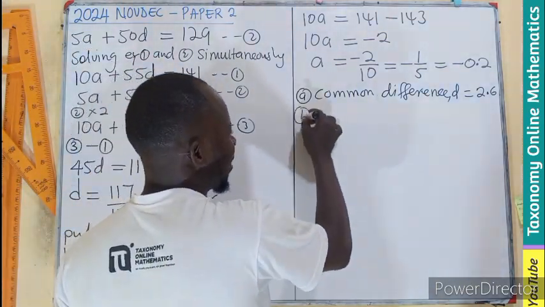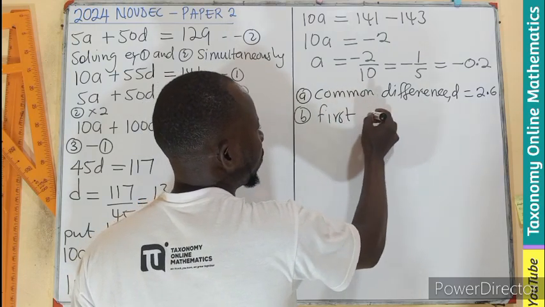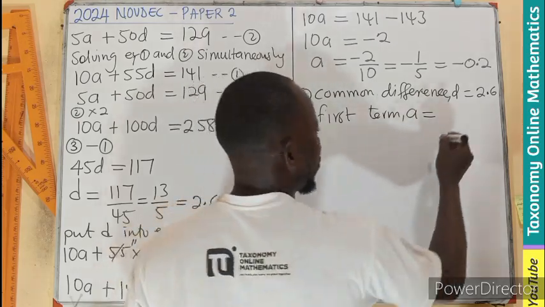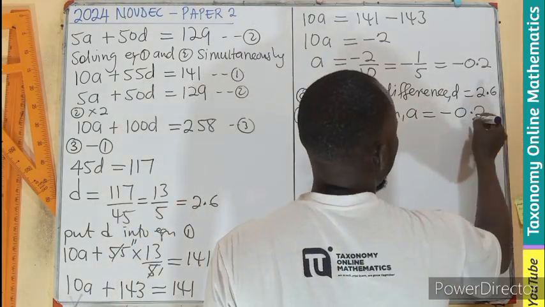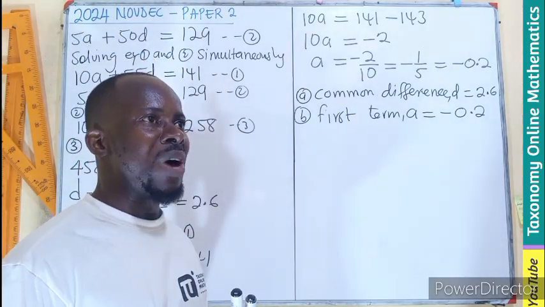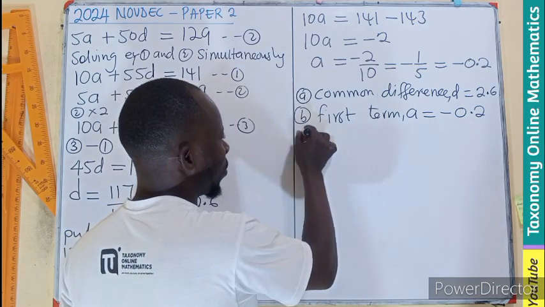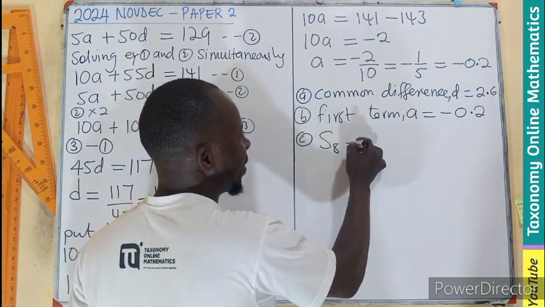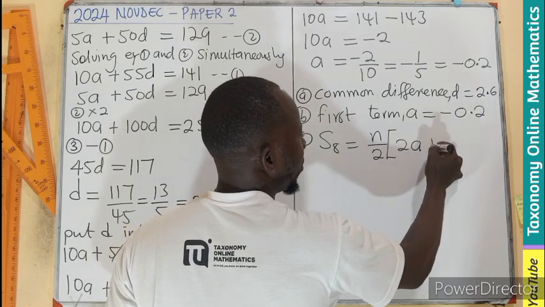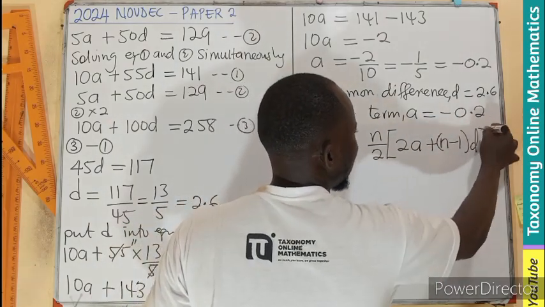Then B is asking for first term, which is A, and the first term is going to be negative 0.2. Now the third one, we are asked to find the sum of the first 8 terms, and we know sum of the first 8 terms will become n on 2a plus n minus 1 d.